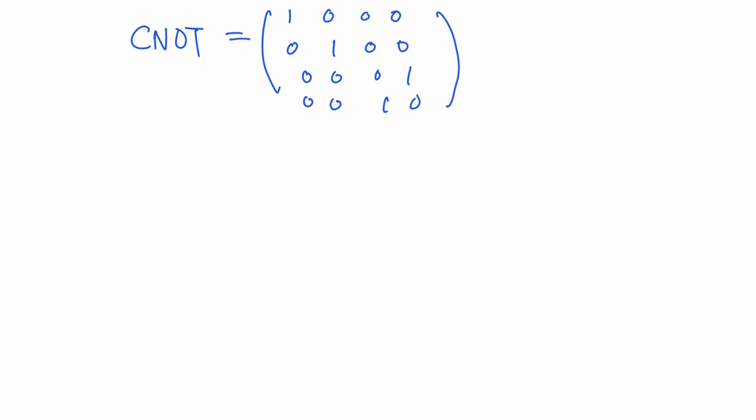So for the operation, we need a 4 by 4 matrix. If you take a careful look, this is more like identity, right? And this is more like X.